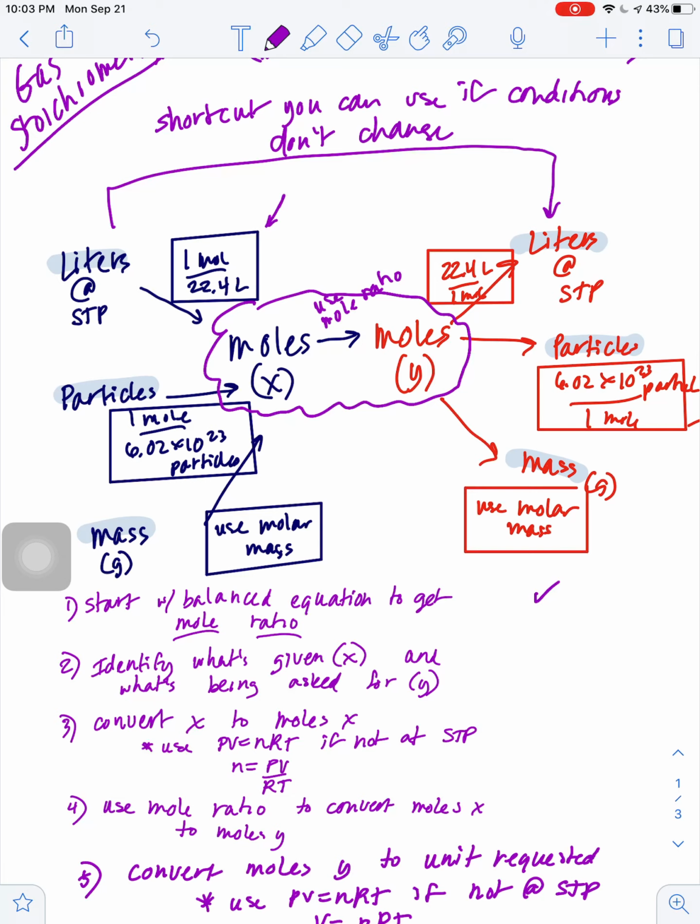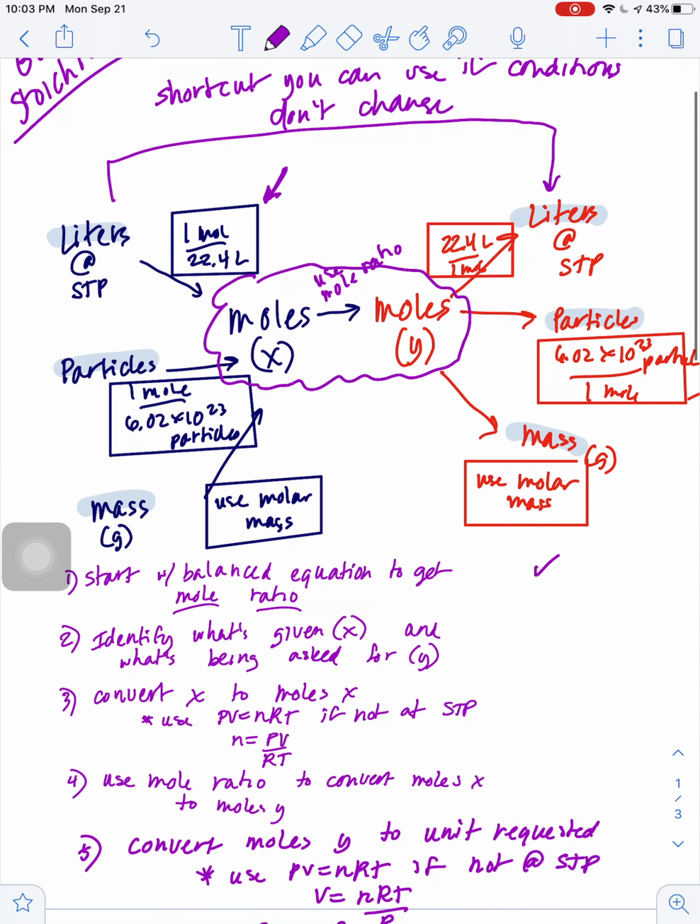Okay, so I can use this conversion factor right here to get from liters at STP into moles. Then I'm going to have to use the mole ratio to jump across moles of X to moles of Y. And then how do I convert back to liters? Well, if I'm at standard temperature and pressure, I can use the 22.4 liters per mole again. And notice this time it's just flipped upside down because you're converting back.